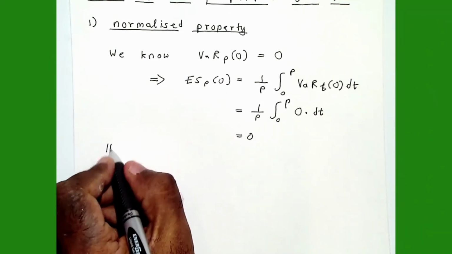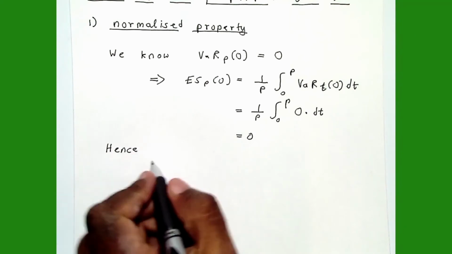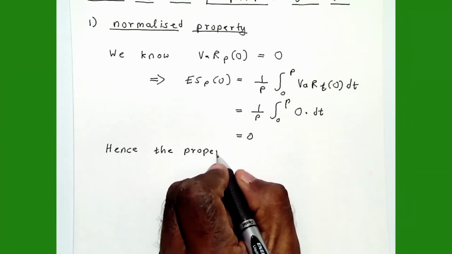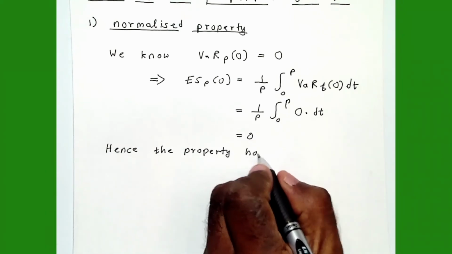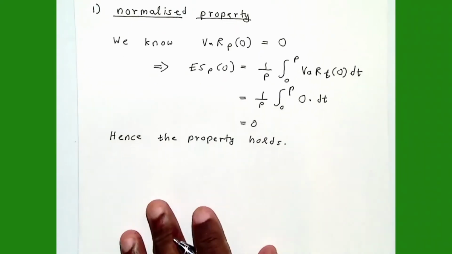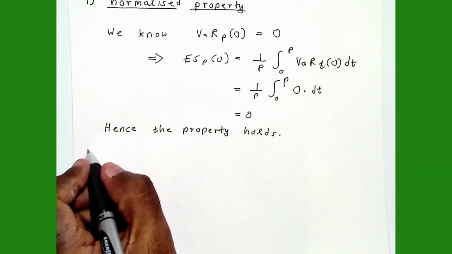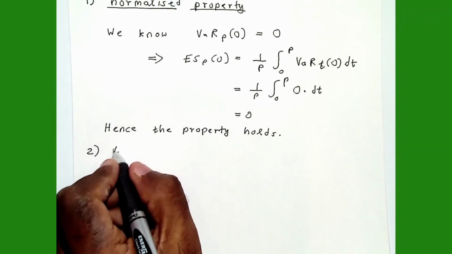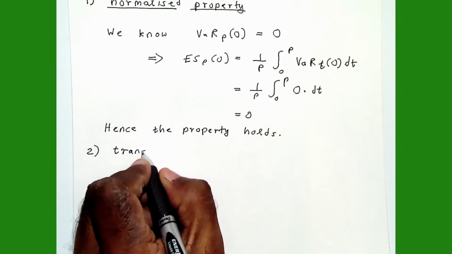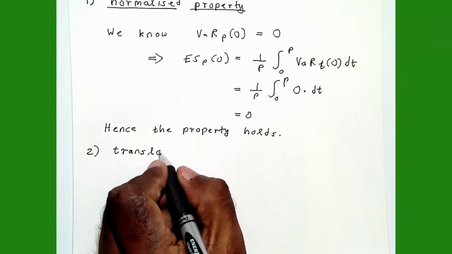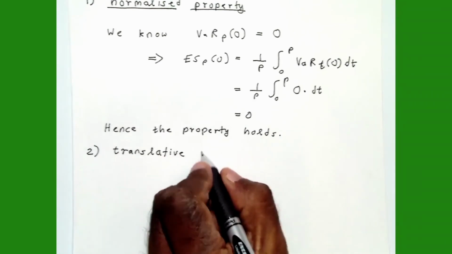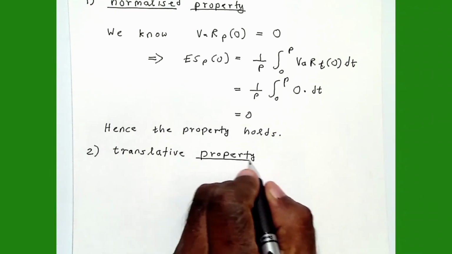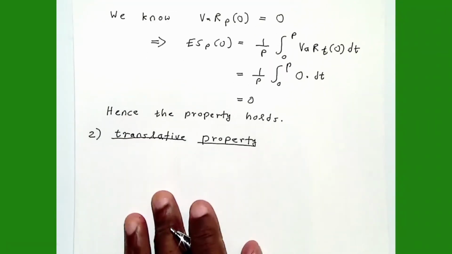So hence, all right, that's normal. And the second property I want to prove is the translative property.